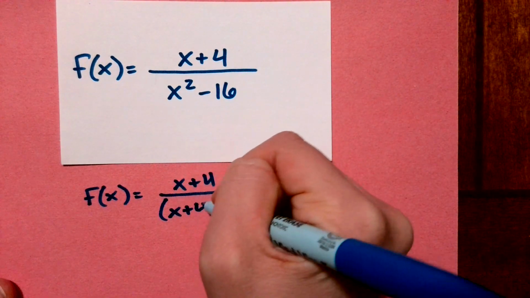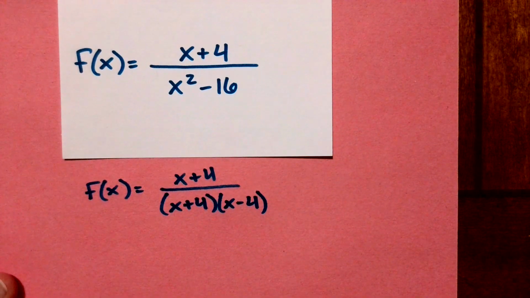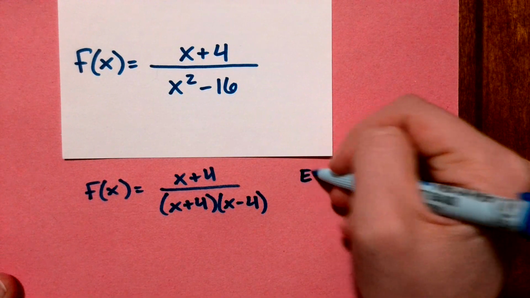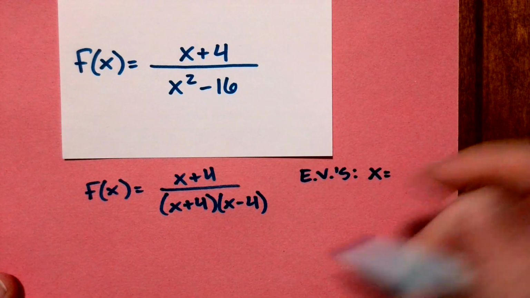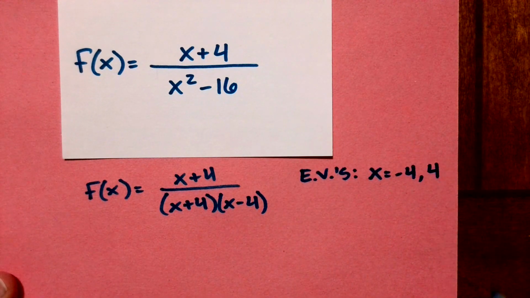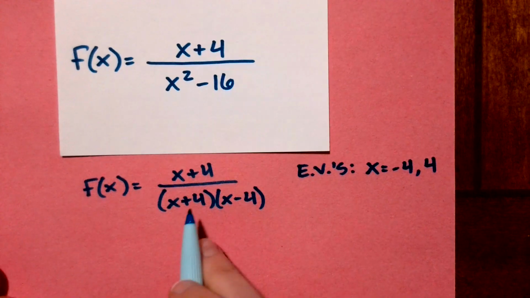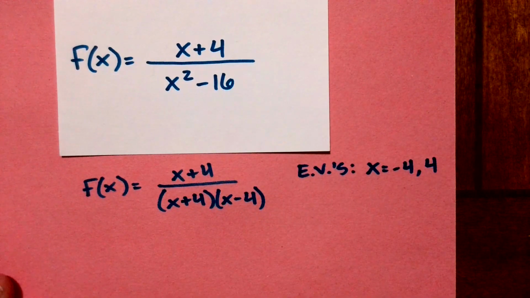Since our denominator can factor into an x plus 4 and an x minus 4, that means our excluded values are going to be -4 and +4. And anytime we have the same number but different signs, this can be a little bit tricky because we have to keep track of what excluded value came from that factor.